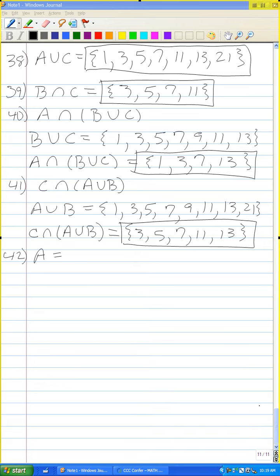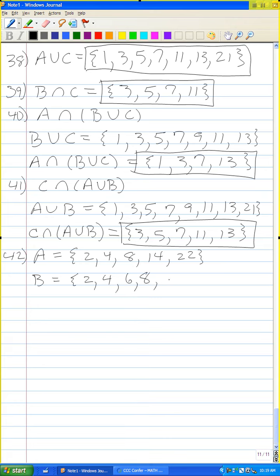So A is equal to 2, 4, 8, 14, 22. B, 2, 4, 6, 8, 10, 12.